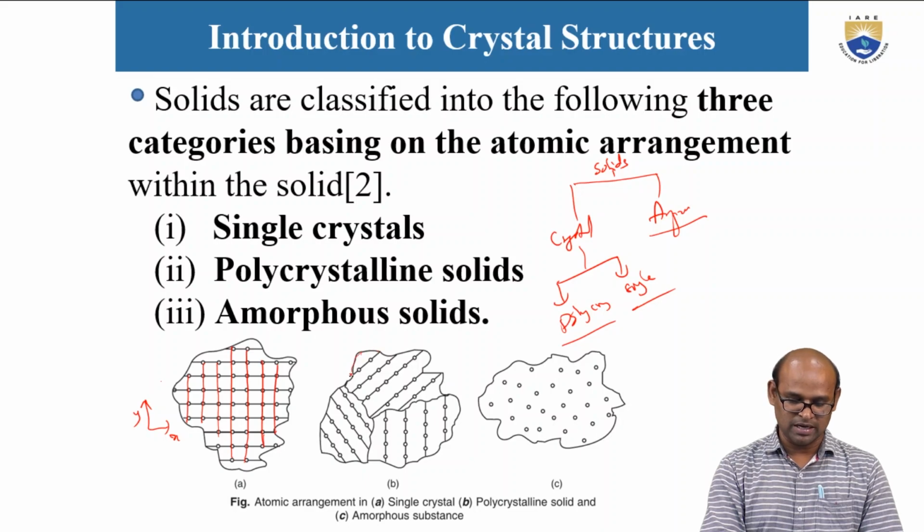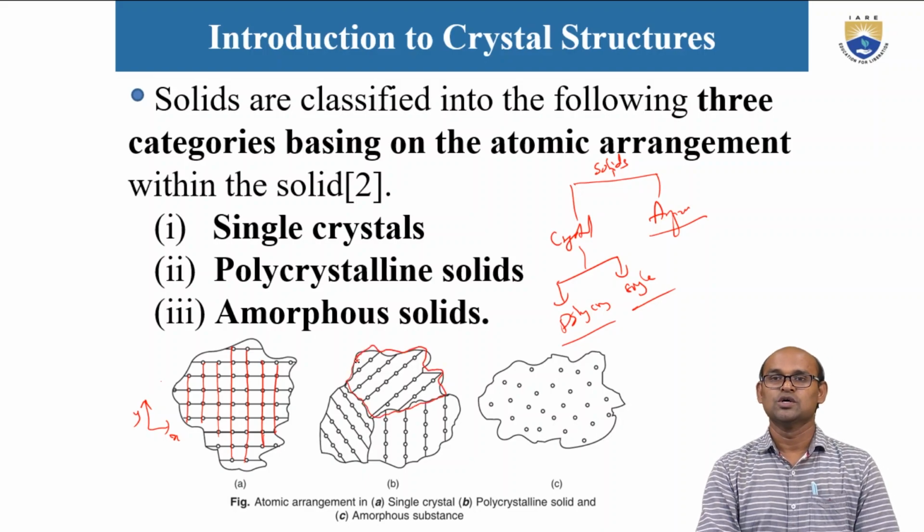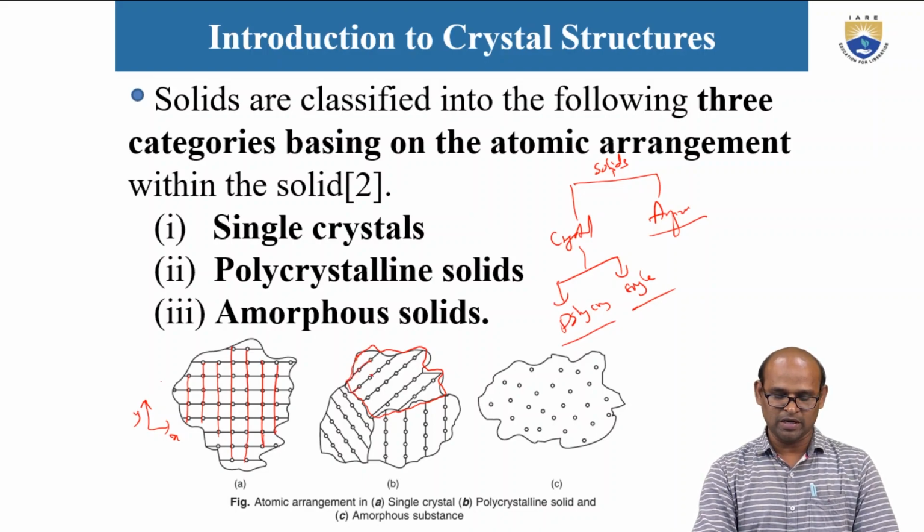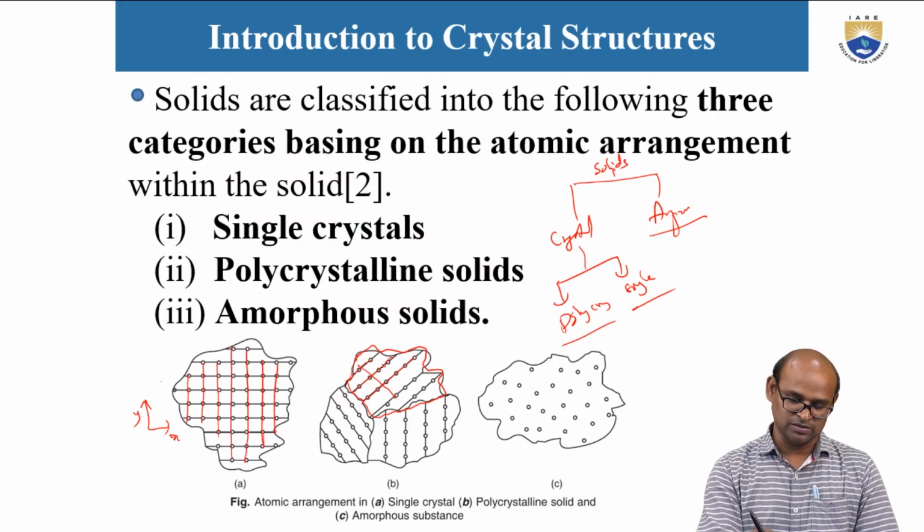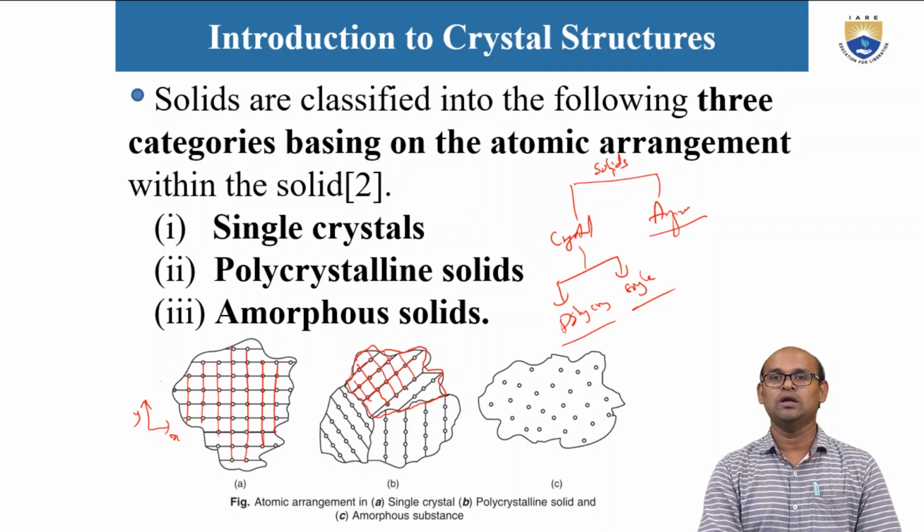This is one crystallite, in which there is a regular arrangement of atoms in both directions, but only in a small area.